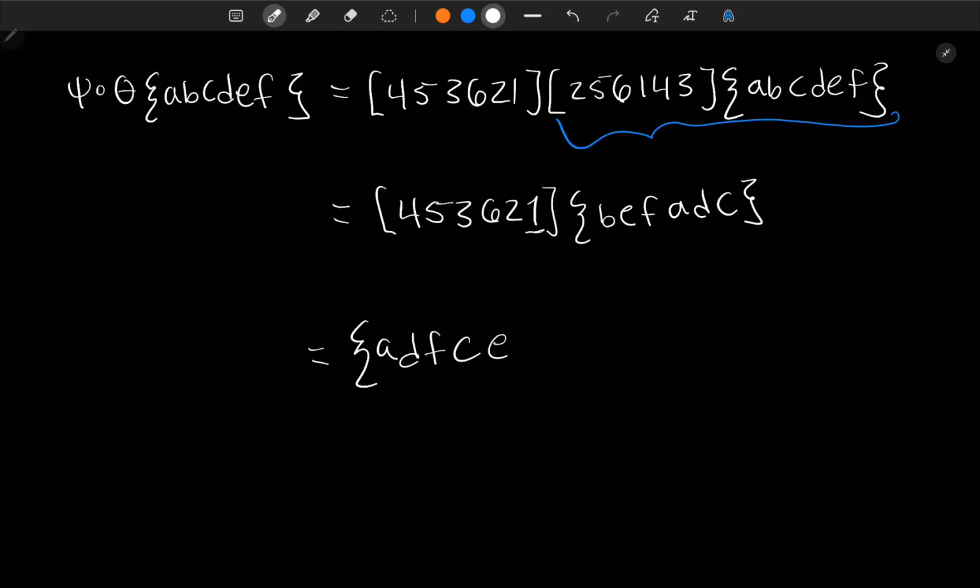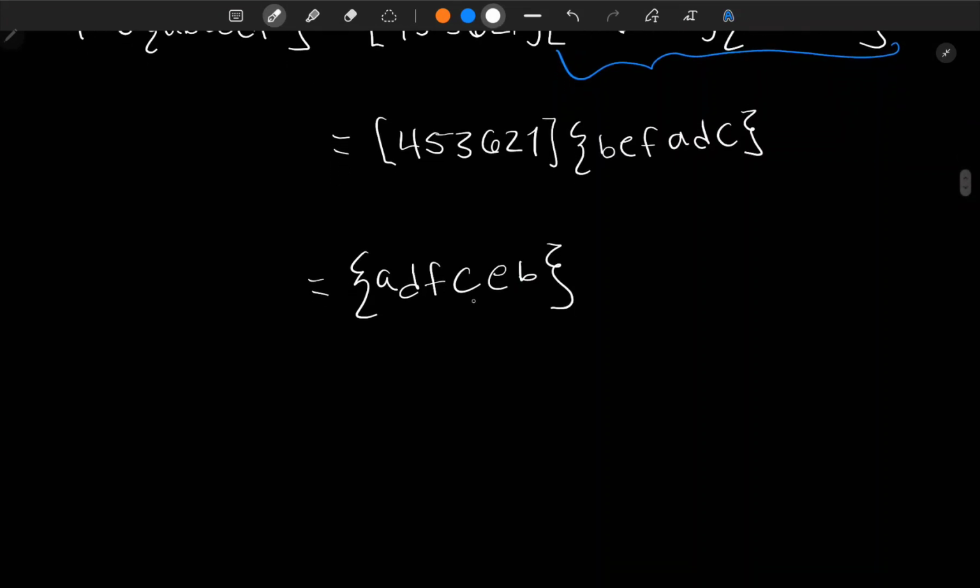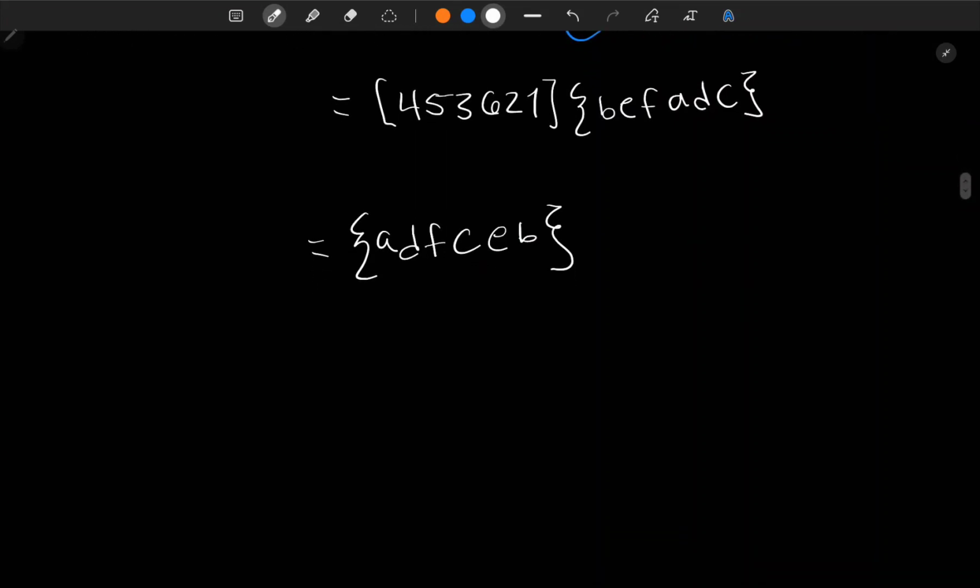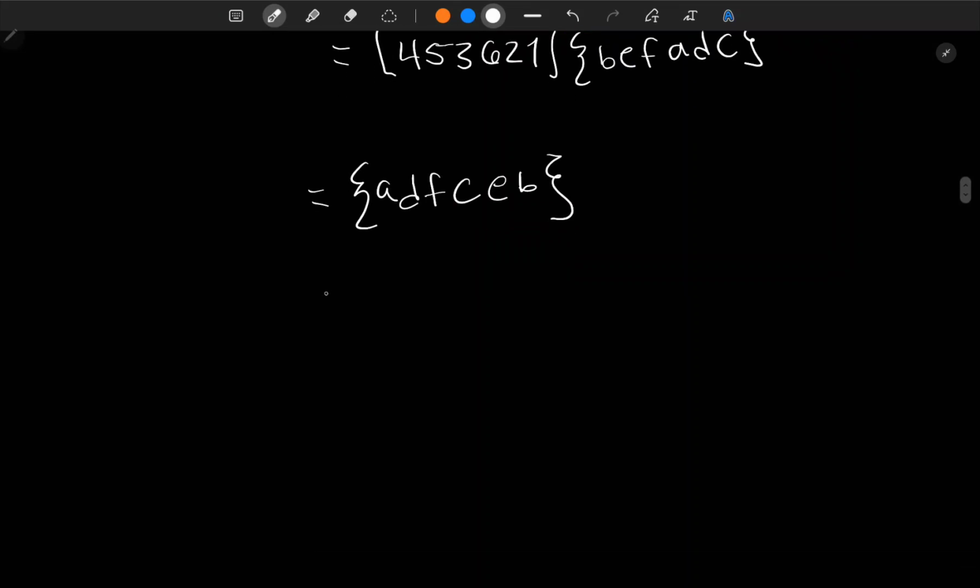And finally, we have the first element here goes in the last position. So we have B at the very end. So the answer should be ADFCEB. Or, writing this out, we say this is some permutation acting on the original ABCDEF.